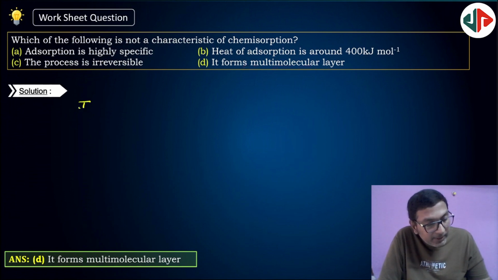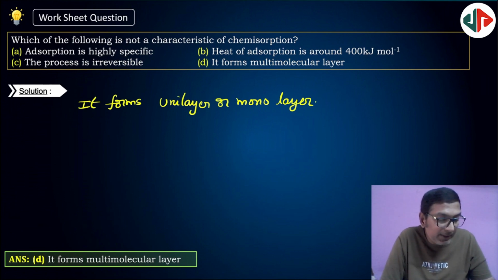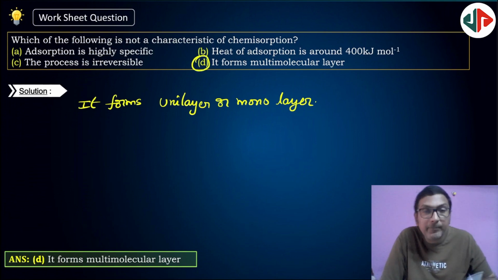So it forms unilayer or monolayer. Due to chemical bond formation, it forms only unilayer. So option D is incorrect.